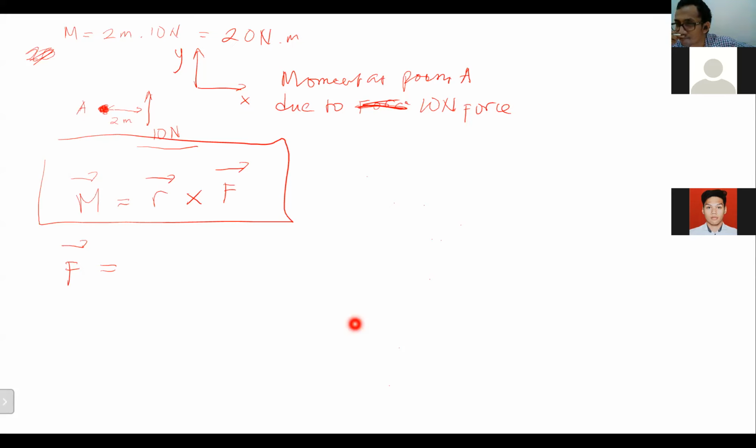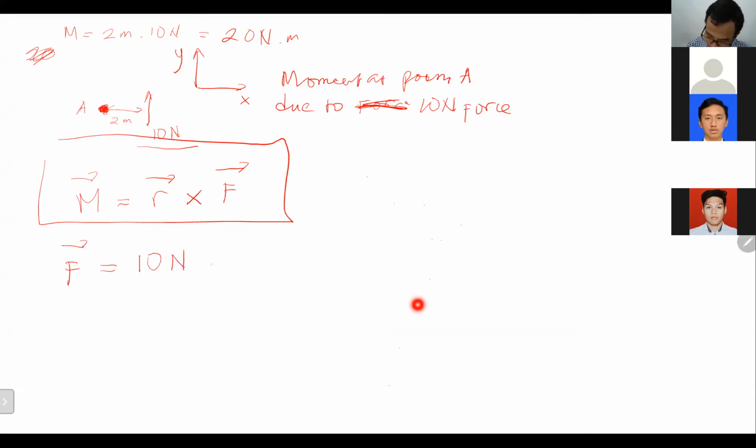Is it the matrix form? No, not matrix form, but the vector form. IJK, sir? Yes, correct, its unit vectors. Is it 10J, sir? 10J, correct. 10 Newton J, like this. So that's the force, right? Now, I'm asking you again, how about R?